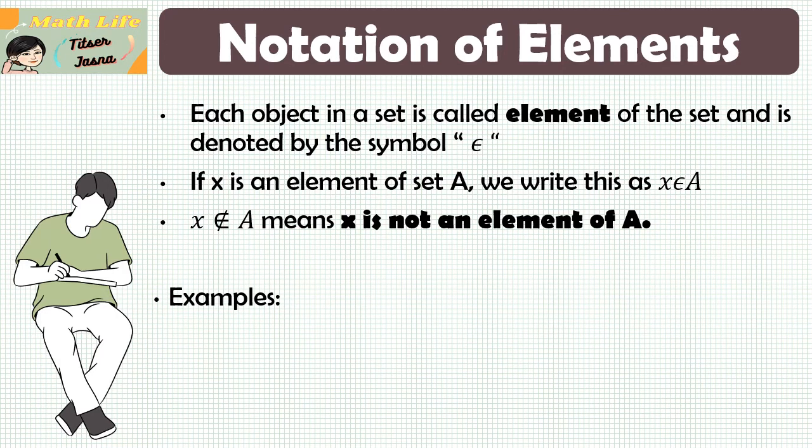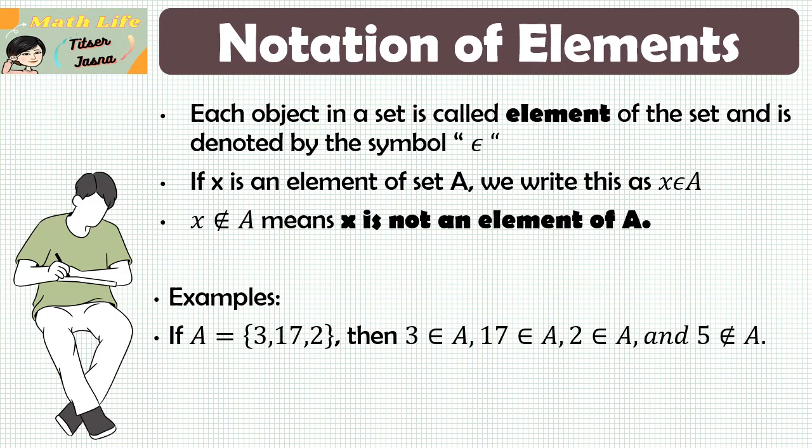So let's have other examples. If A is equal to {3, 17, 2}, then 3 is an element of A, 17 is an element of A, 2 is an element of A, and 5 is not an element of A. But why? Because there is no 5 inside the set.